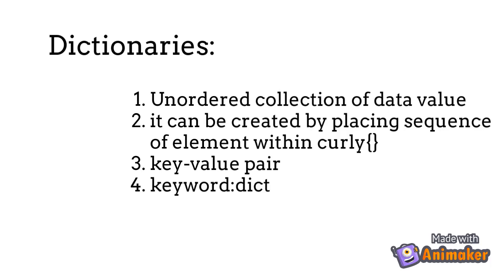That means every value has a key, so the values in the dictionary can be accessed via keys. And this makes the dictionary very interesting. The keyword dict is used to represent dictionaries in Python. Now let's jump to the Jupyter notebook to learn more about dictionaries.